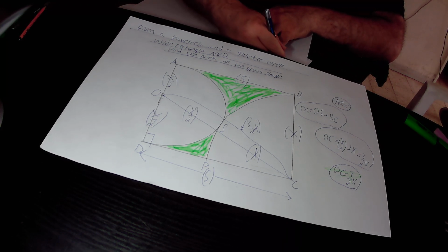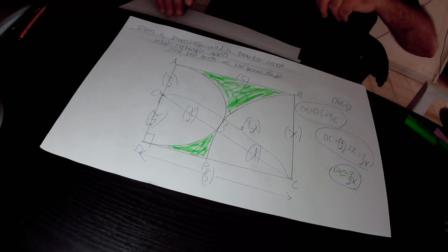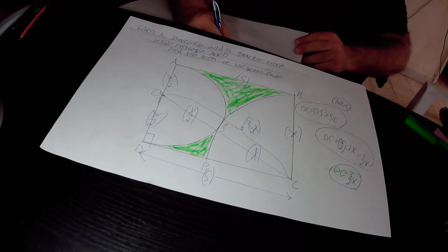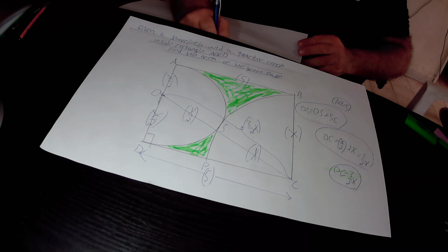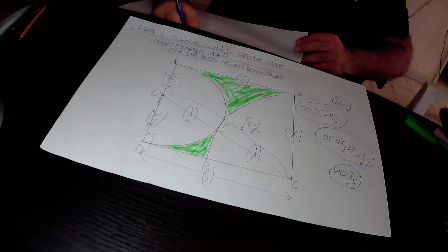From the drawing, it is very easy to see that the area of the green shape will be equal to the area of rectangle ABCD minus the area of this semicircle minus the area of this quarter circle.